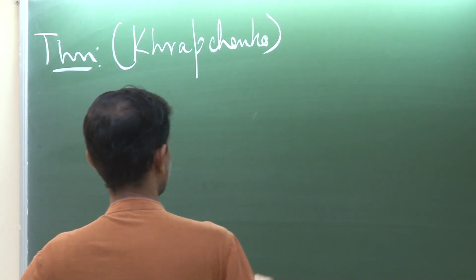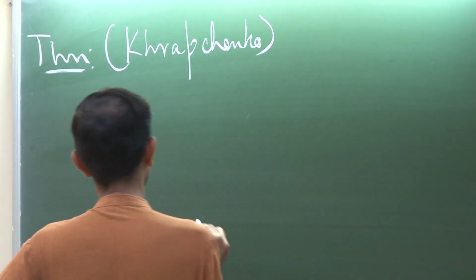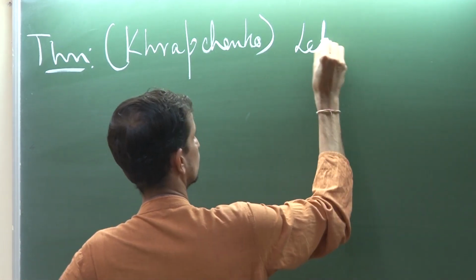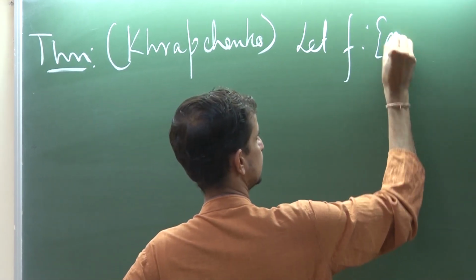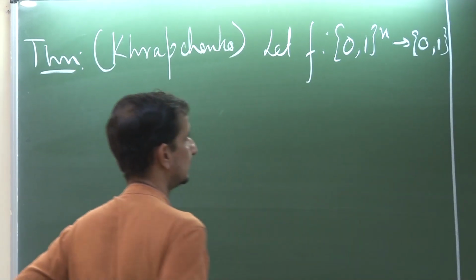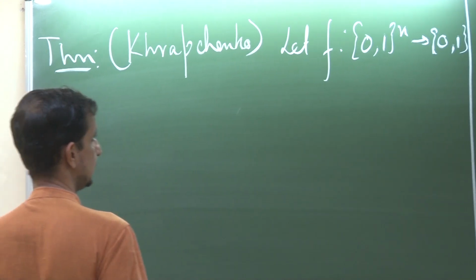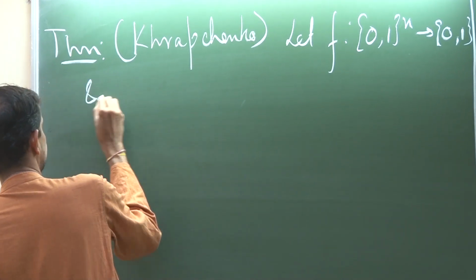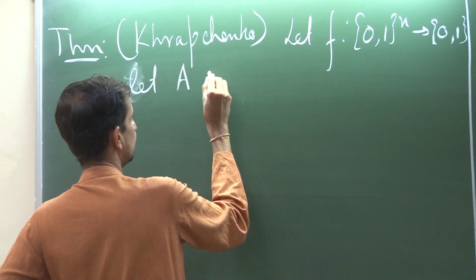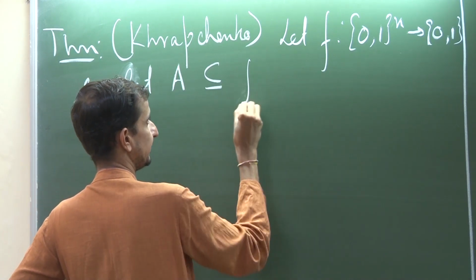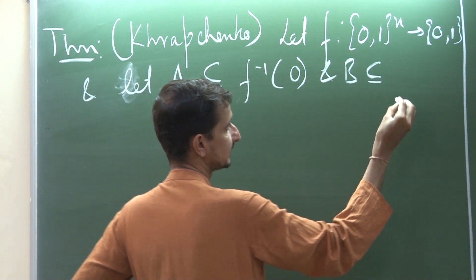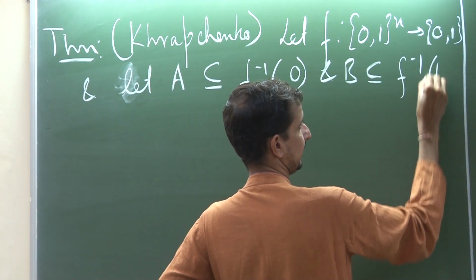The theorem says that suppose you have a Boolean function f. Let f be a function from {0,1}^n to {0,1}, so f is a Boolean function, and let A be a subset of f inverse 0 and B be a subset of f inverse 1.